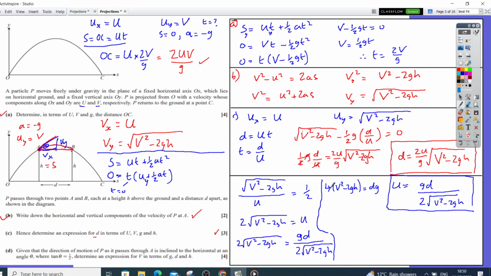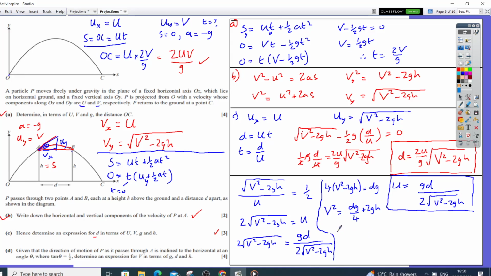So now I'm going to rearrange it to make v the subject. So I'm going to divide that by 4 and take this over. So v squared is going to equal dg divided by 4 plus 2gh. Okay, so I'm going to factorize that.